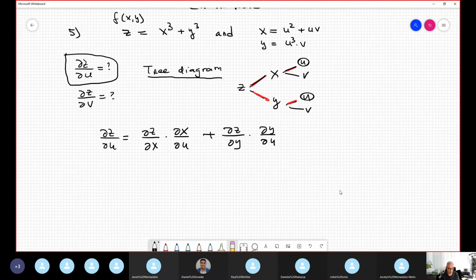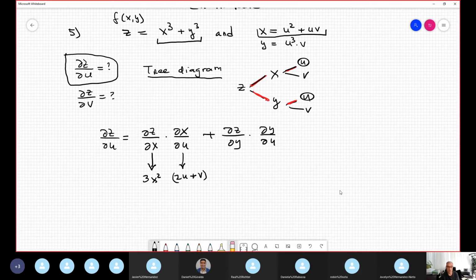This partial derivative is differentiating this with respect to x. It's obvious that it's 3x squared, correct? And now differentiating x with respect to u, you take this expression, and when you differentiate with respect to u, we have 2u plus v.